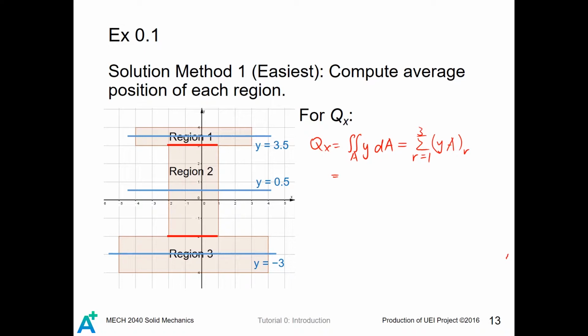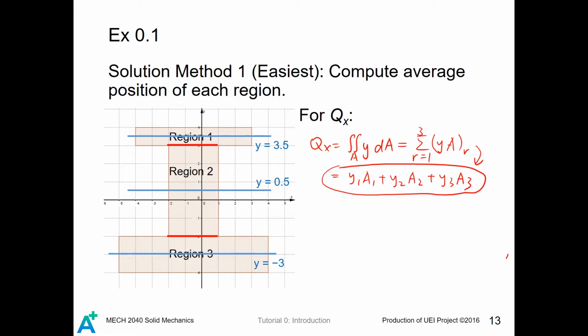That means we have y1a1 plus y2a2 plus y3a3. In this step, we just try to expand the summation.